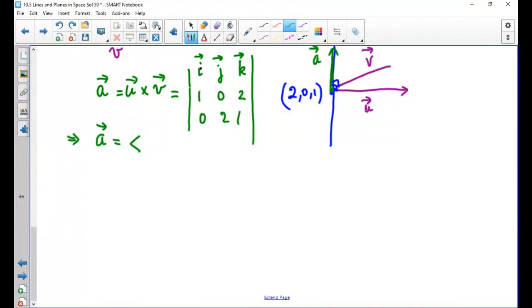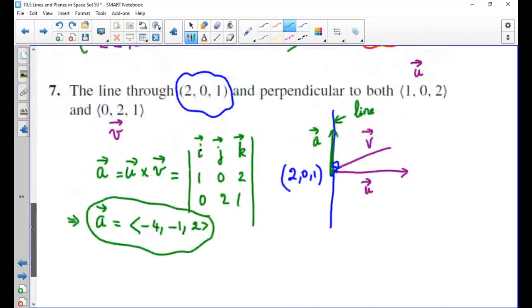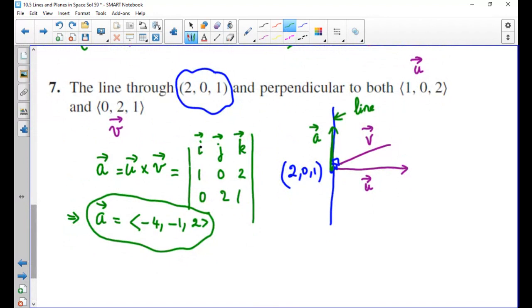Minus 4I, yes? So minus 4. J: minus 1, yes, minus 1. Because remember with J, you need to have a minus, so it's minus 1. And K is a 2, yes, 2. So that is the vector A in the direction of the line that we want.